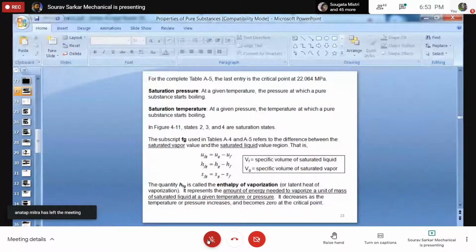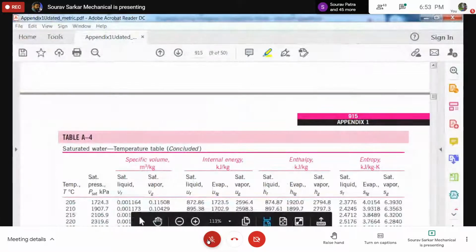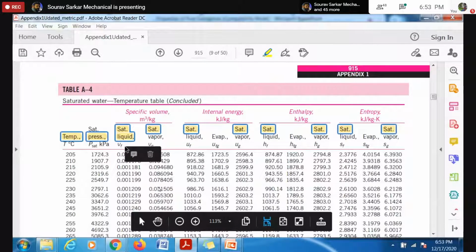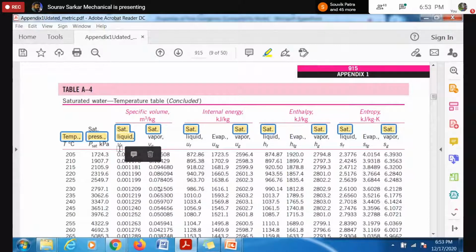If I look at the other columns, the third column is written as saturated liquid. What is this small vf? What is the meaning of this small vf? Specific volume of the saturated liquid. Very good.